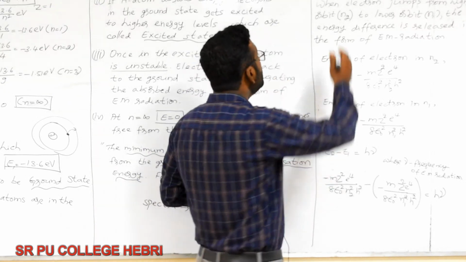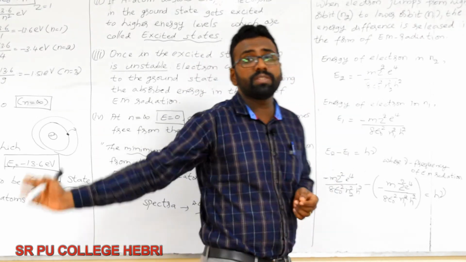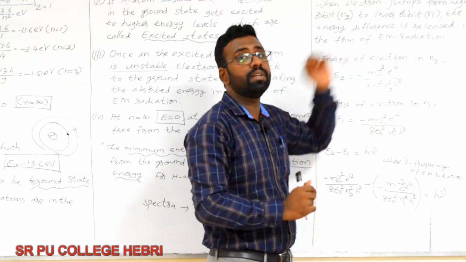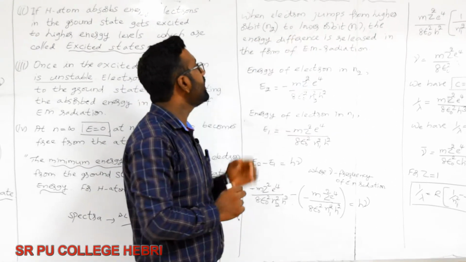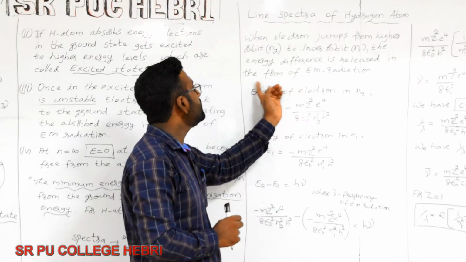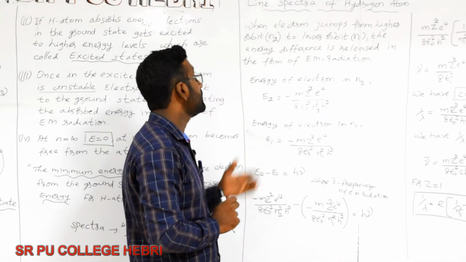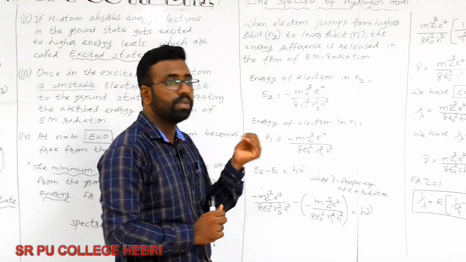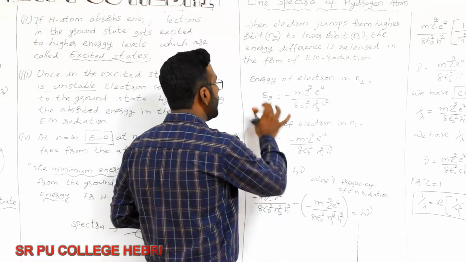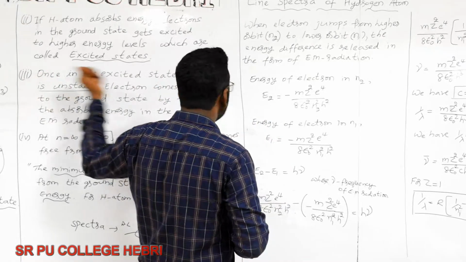The same concept we have just discussed is considered when an electron jumps from a higher energy orbit to a lower energy orbit. The energy difference is emitted in the form of electromagnetic radiation. Considering this concept, we will use the equation for energy that has already been discussed.